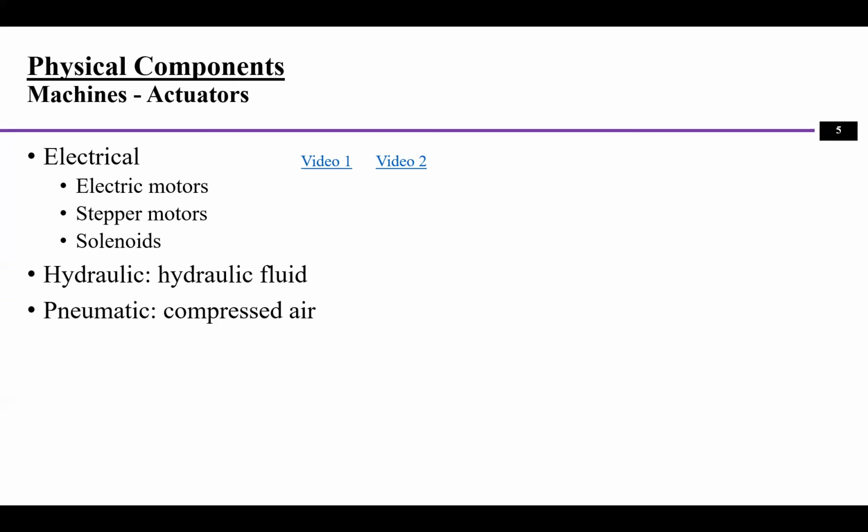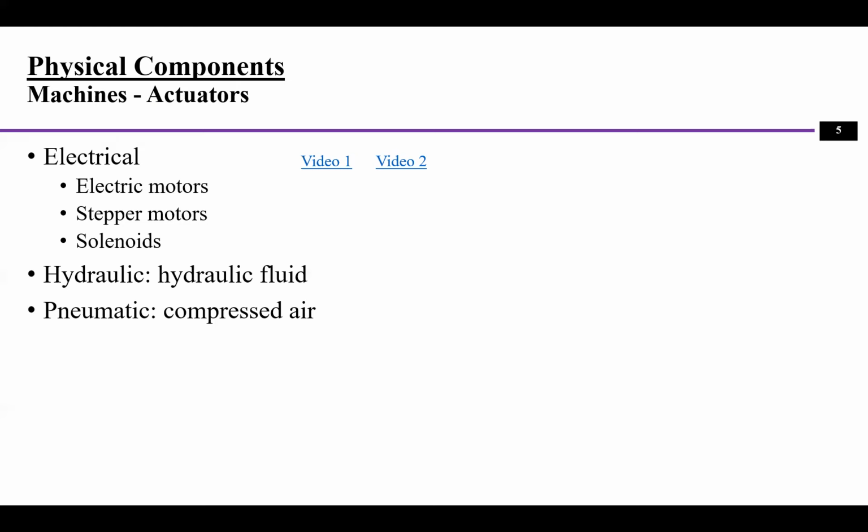Actuators can be electrical actuators. Usually these are motors, either step motors or solenoids, or some other type of actuators that will be powered by hydraulic power or pneumatic power.